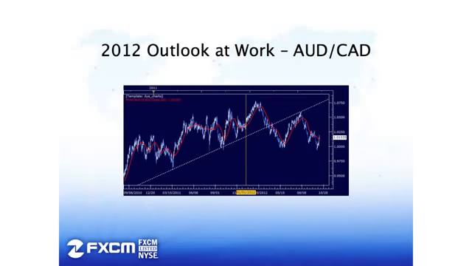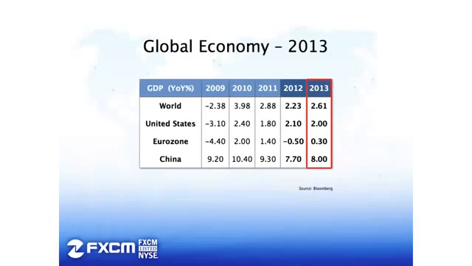But if you did none of that, and you just said on the first of the year, here's my growth forecast, I am going to, right there on the 1st of January, sell Aussie CAD, you would have seen Aussie CAD decline, as expected. Now, if you had utilized technicals and picked your levels more precisely, obviously you would have done better. But you can see that global growth expectation in action right there.